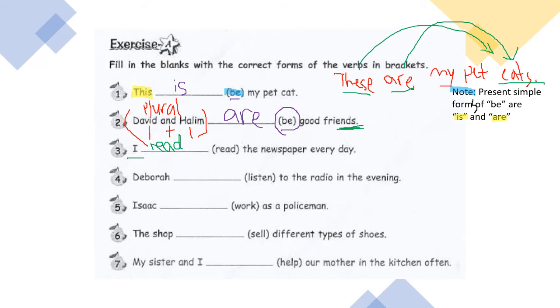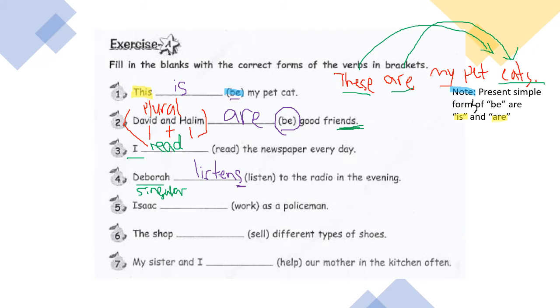So Deborah, how many people? One, so you consider it singular. What is the answer? It should be "listens" with the S. Singular, one person, you need Superman, Superwoman, so add an S.